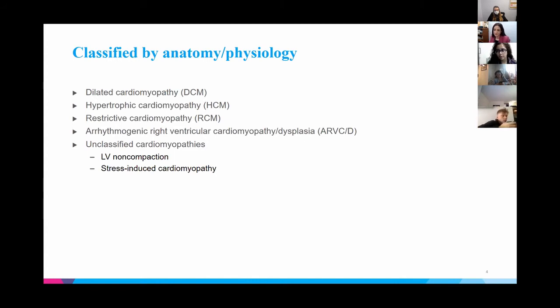In 2008, when the ESC reviewed these, they kept these headings and further delineated them as familial or non-familial based on genetics. So that's primarily what we'll go over.